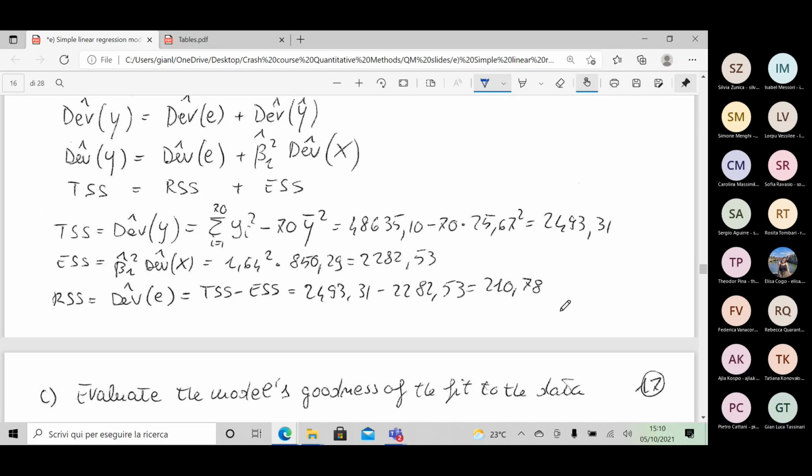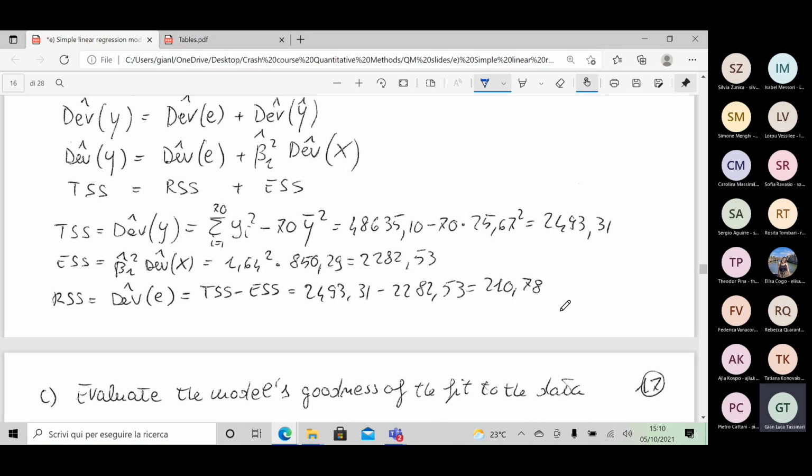Now, evaluate the goodness of fit of the model. We know that it can be computed either as the sample correlation between x and y raised to the power 2, or alternatively using the general formula.